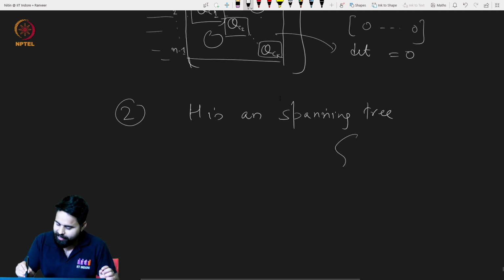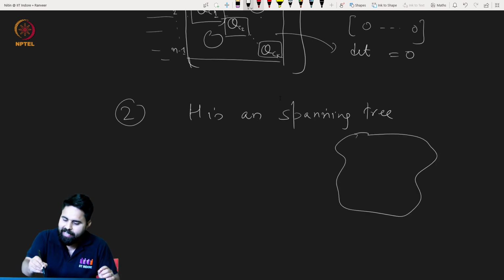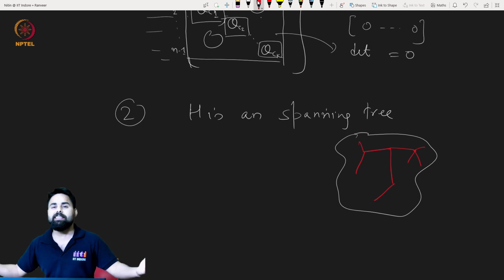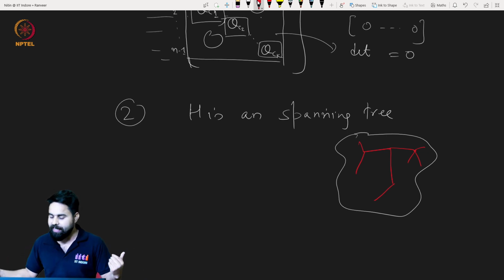Suppose you have this graph, and H is inside this graph. This H is forming a spanning tree.